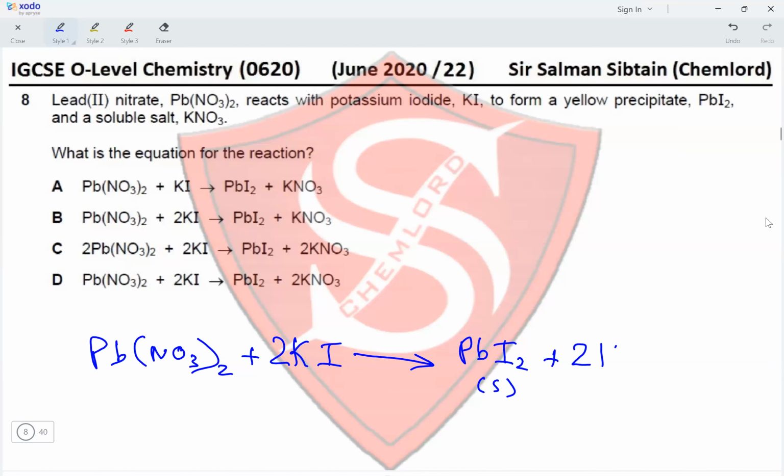So we will have 2 moles of KNO3, and this would be aqueous. So out of the given equations, the equation that matches the equation that we made is the one in option D. This makes option D the correct option for this question.